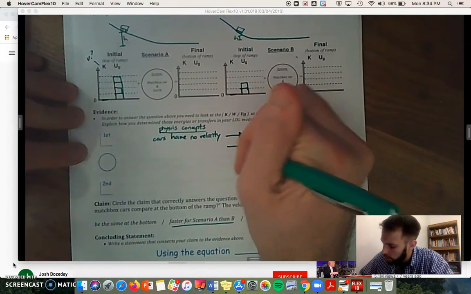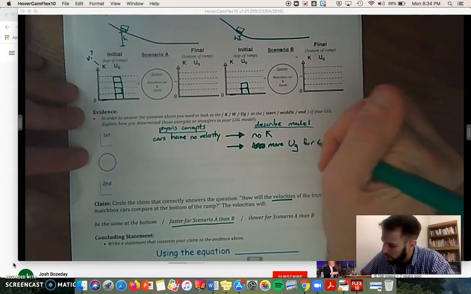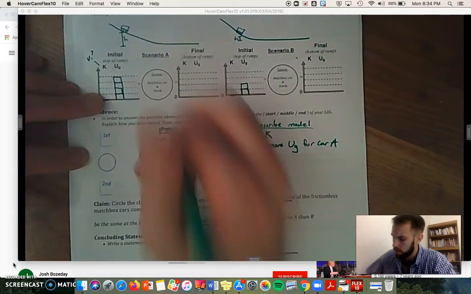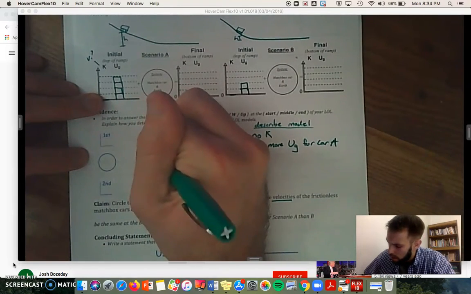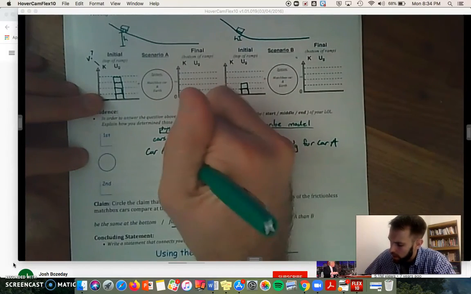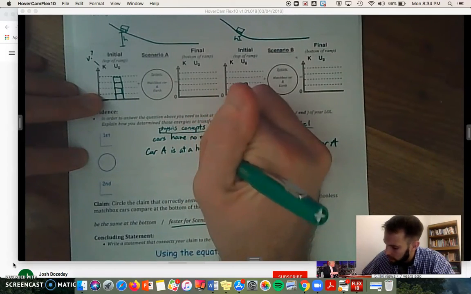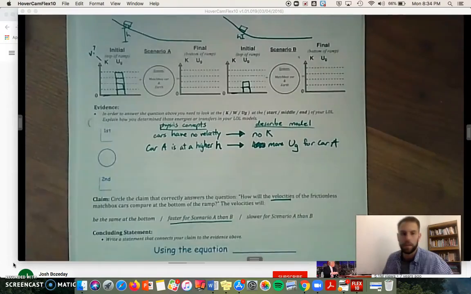Why did I draw more UG for car A? Well, that's because car A is at a higher height. I'm running out of room, so I'll just write H for height. And that's why I drew more UG.